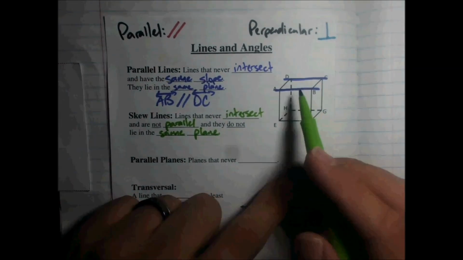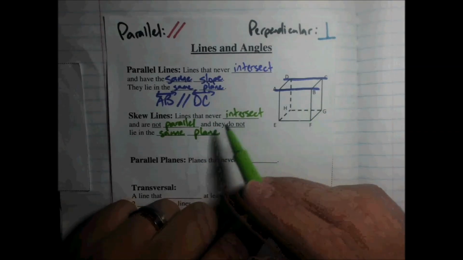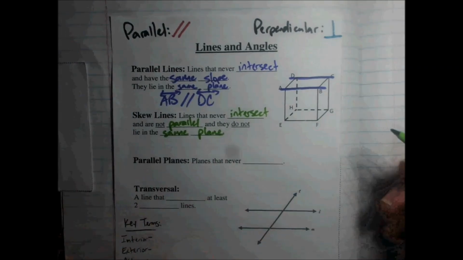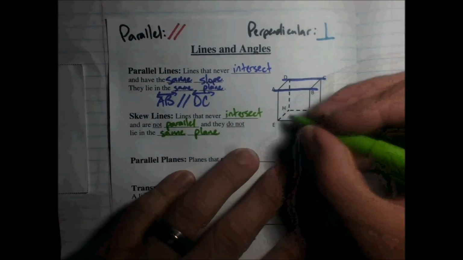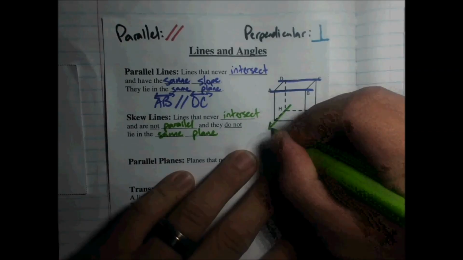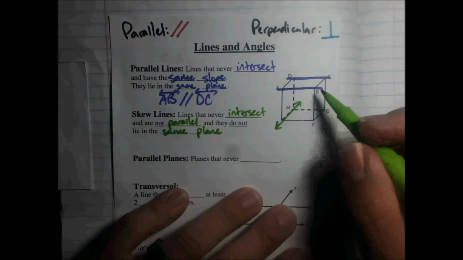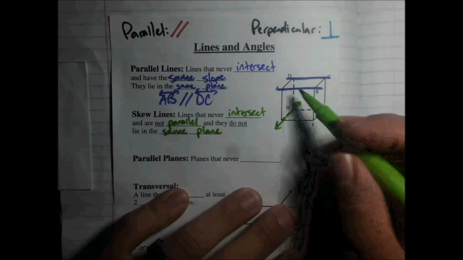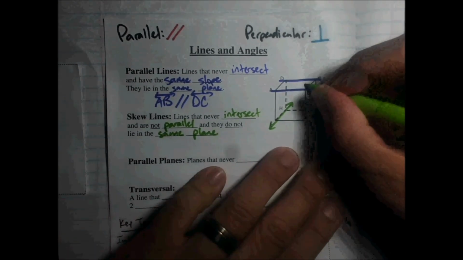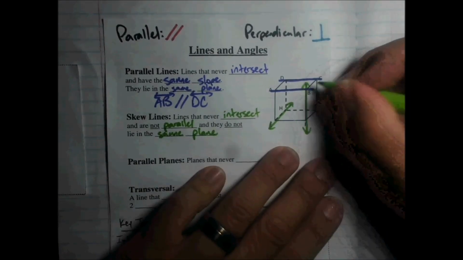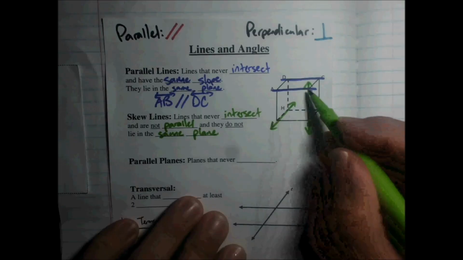It's kind of like if you look at this one, EH, right? It can't be parallel. It's not on the same plane. So you have to pick another one that's not going to intersect it, but not going to cross it. So they're a little bit weird. But like this one, FB, right? These two will never cross because one's going out, one's going up and down, but they're not even on the same plane, so they're not parallel. It's kind of like this, right?